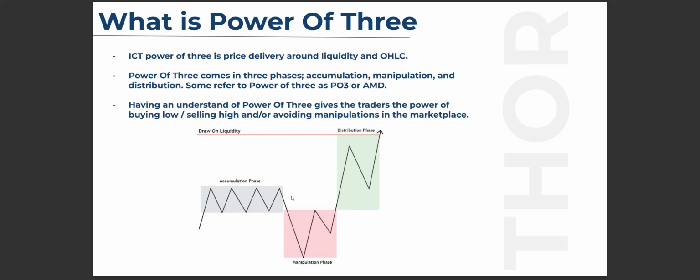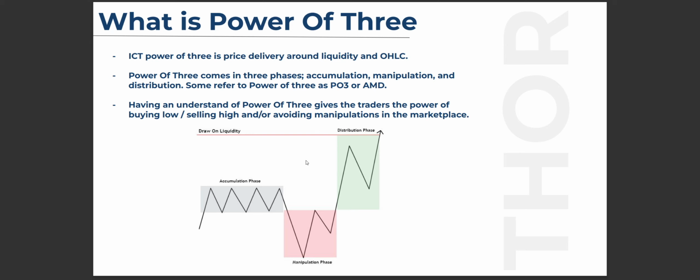Because sometimes you'll end up getting stopped out because you didn't anticipate the manipulation, and the market moves in the direction of your position, but you're already stopped out, right? And it usually tilts us. You need to avoid that, and that will come with understanding of power of three.